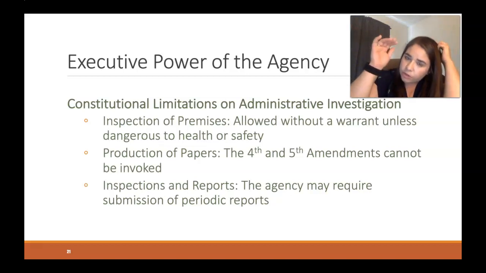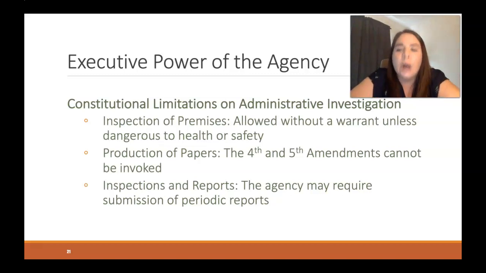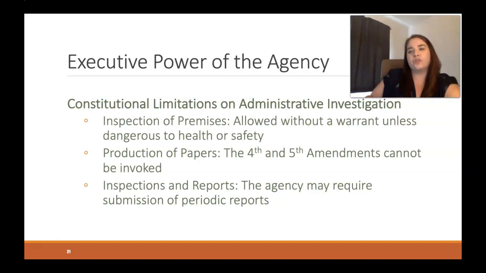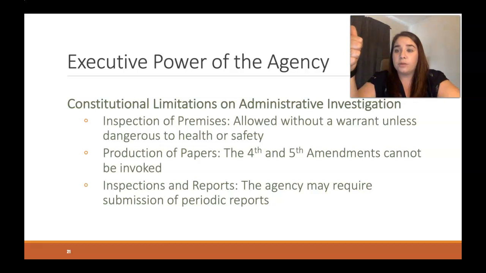So there are some constitutional limitations that apply to administrative investigations. Again, were these in the Constitution? No. This is an expansion of the 4th and 5th Amendments to apply to administrative investigations and to administrative hearing regulation violations. So administrative agencies are allowed to inspect a premise without a warrant, okay?